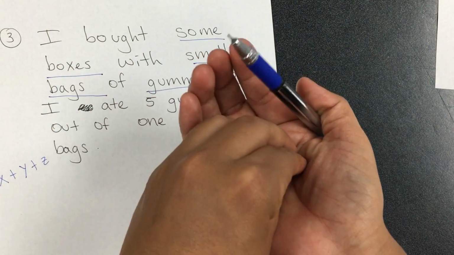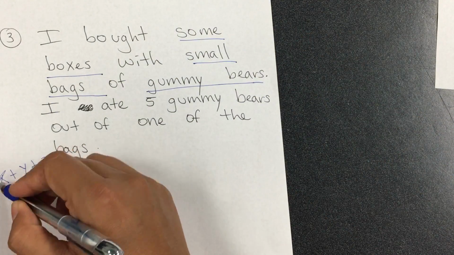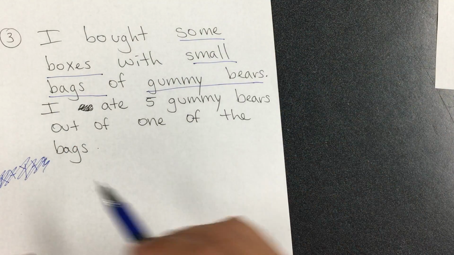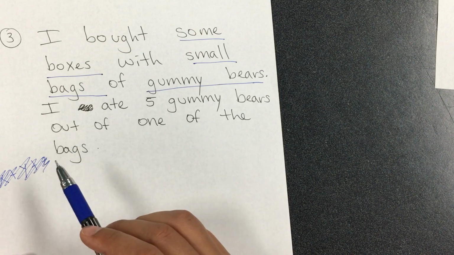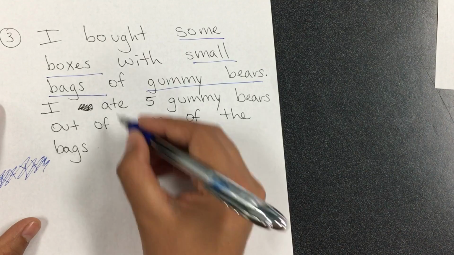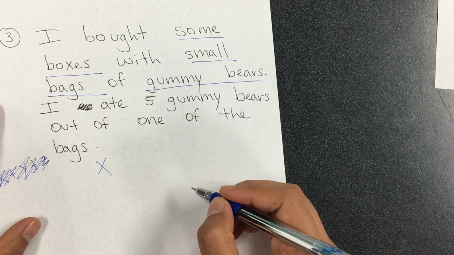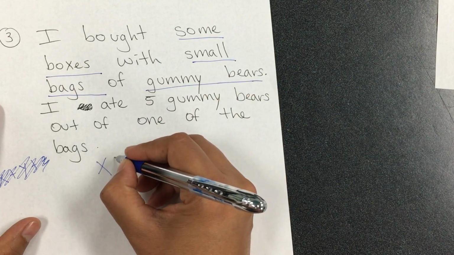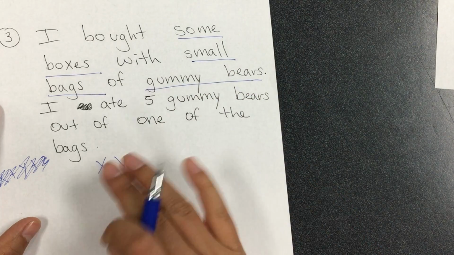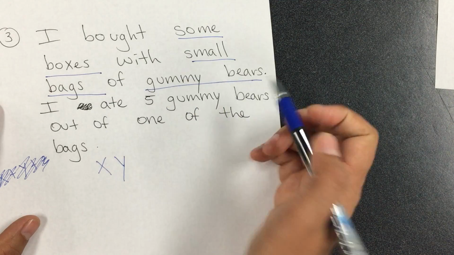Whenever you have packages inside of more packages, you're going to be doing multiplication, not addition, because they're not next to each other, they're inside one of the other. Okay, so I have some boxes with small bags, and I'm going to draw this to show you why it's multiplication, of gummy bears.